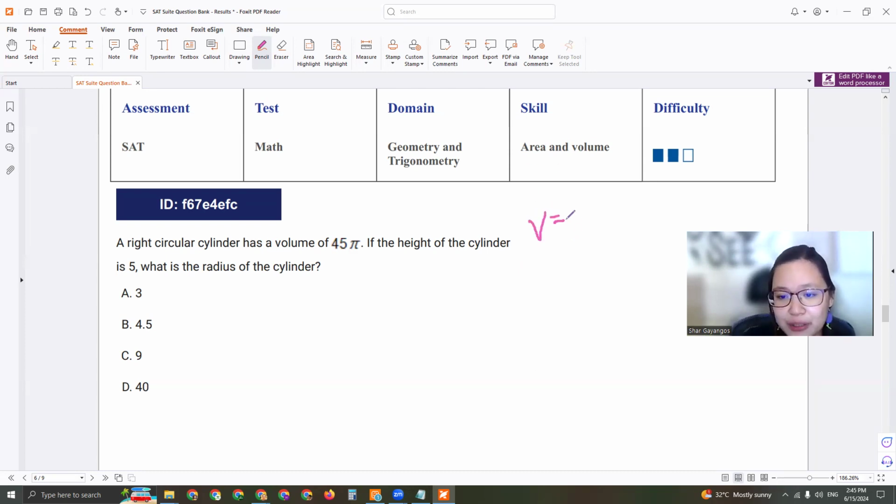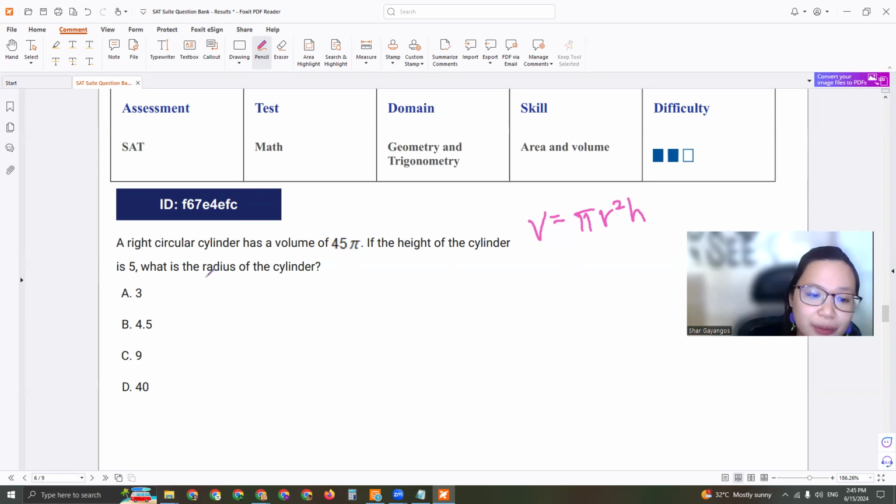Okay, and what do we know about cylinders? The volume is just equal to pi r squared times height. Imagine a circle on top of each other, a number of circles, and that's how you have the volume. So meaning it's just base area times height. Okay, so now we're looking for this: if the height of the cylinder is 5, what is the radius of the cylinder?